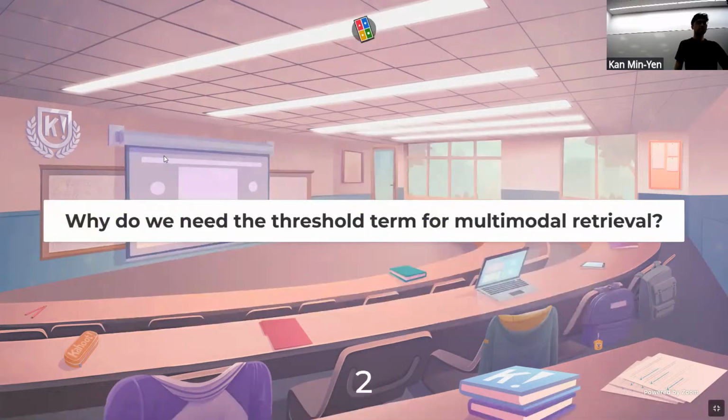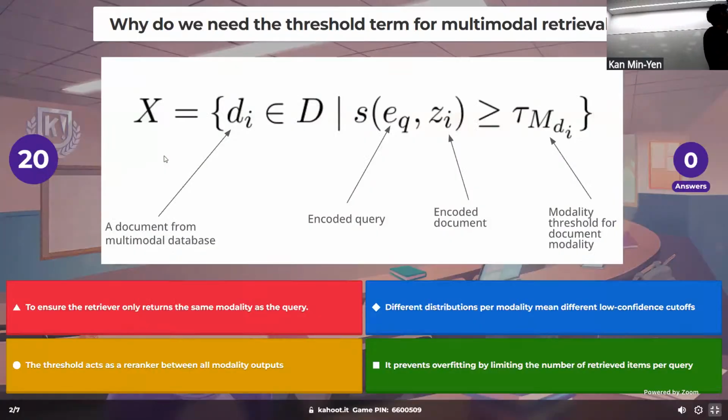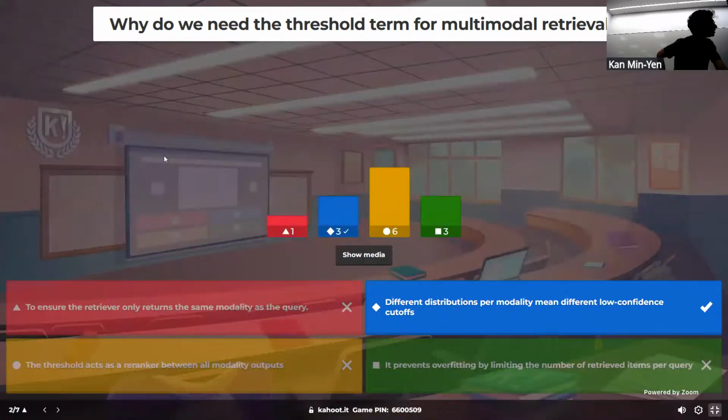Okay, so this is about the threshold concept. Why might we have... So this appears that a lot of people got this not correct.